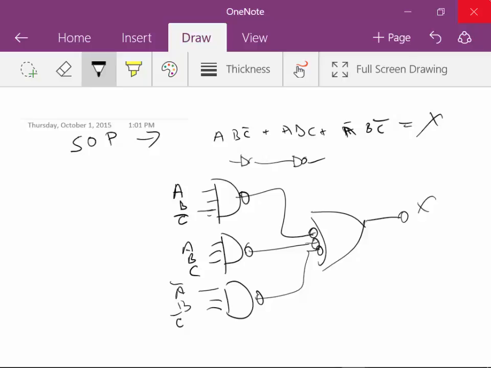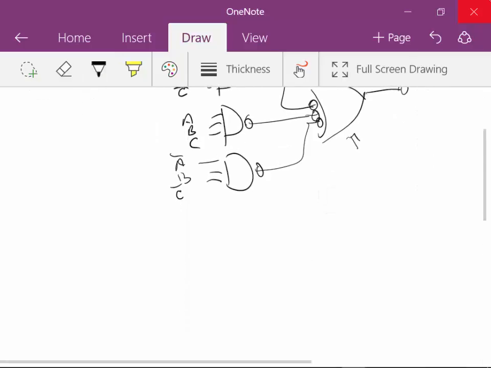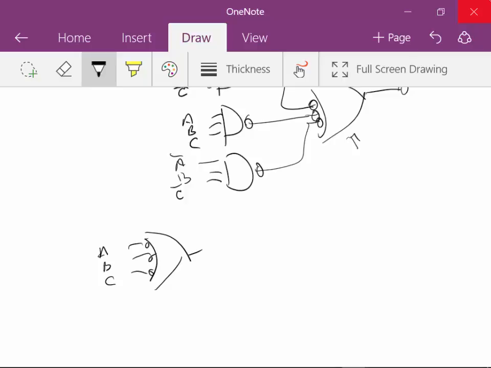Now, as it turns out, let's just look at this here: A, B, C, and this is X out. X is equal to A naught plus B naught plus C naught, right?